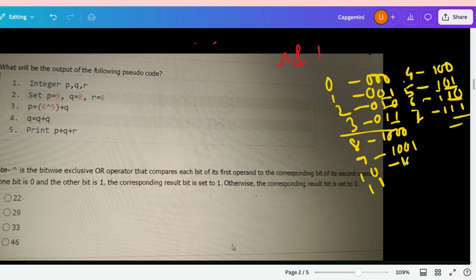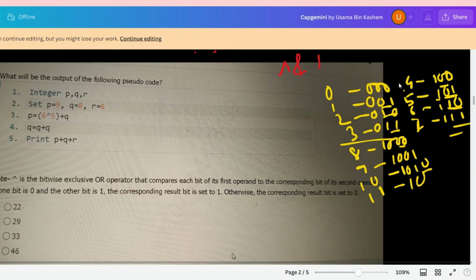For 10, 1010. As you can see, here 1 included, here 10 included, nothing else. For 11, this was 10 and then it was 11, so 10 and 11 will be there.